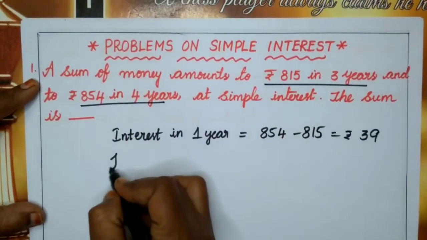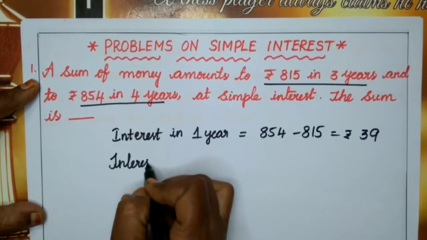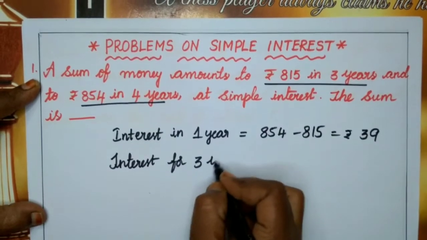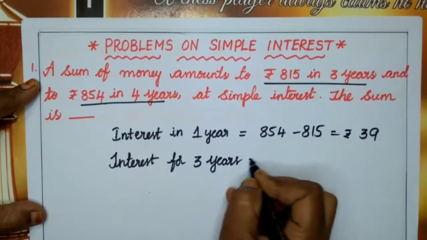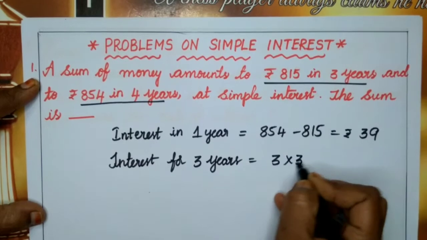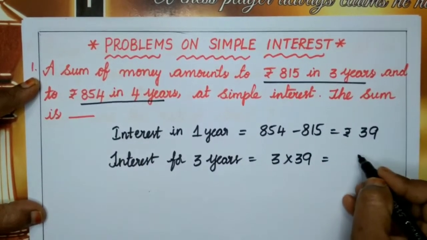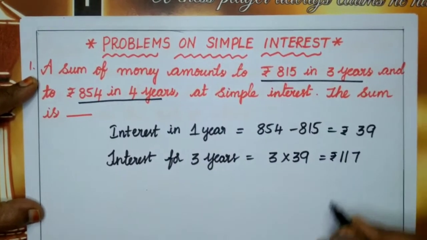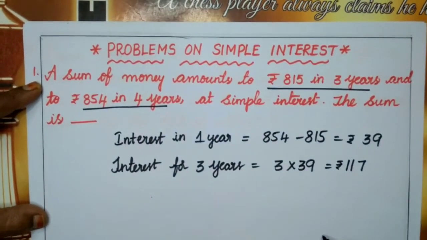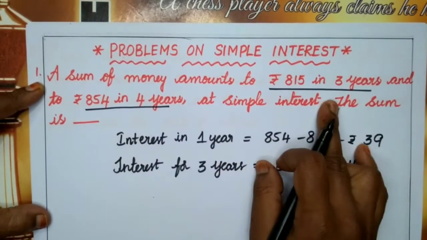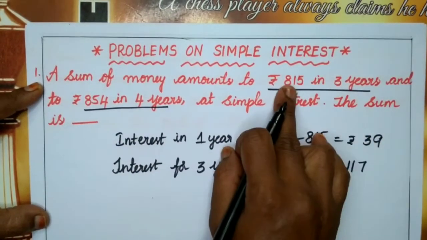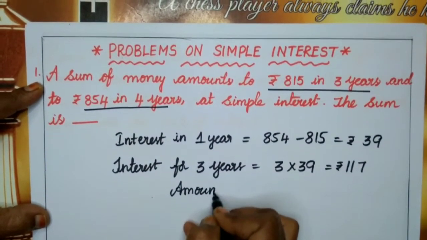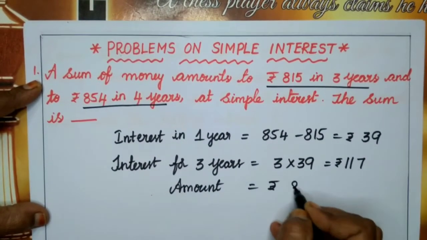Now we'll calculate the interest for 3 years. Simply 3 into 39, rupees 117, which is the interest for 3 years. Here for 3 years we have the amount also. What's the amount for 3 years? Amount is rupees 815.